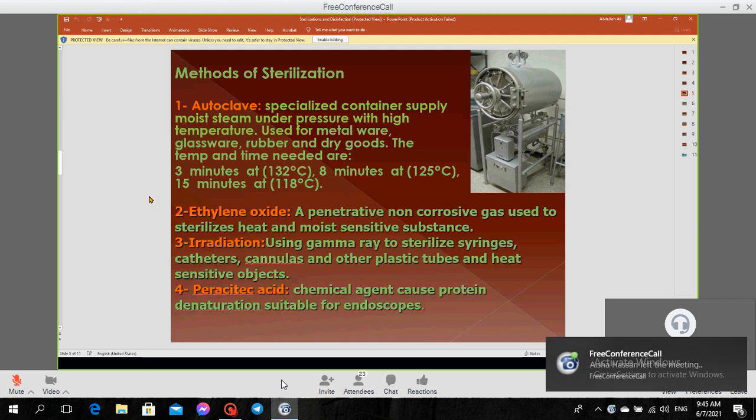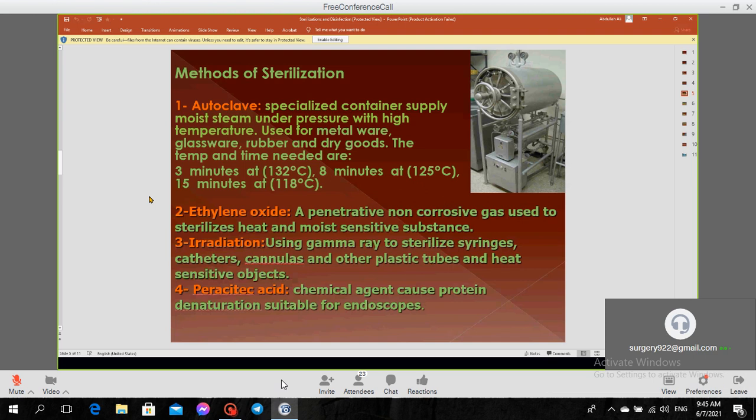These are used in the factory; these materials, before sealing them, they sterilize them with gamma ray. Or we may use peracetic acid, which is a chemical agent, causes protein degeneration, suitable for endoscopes.